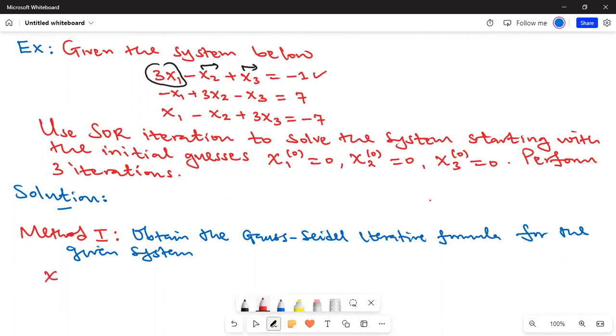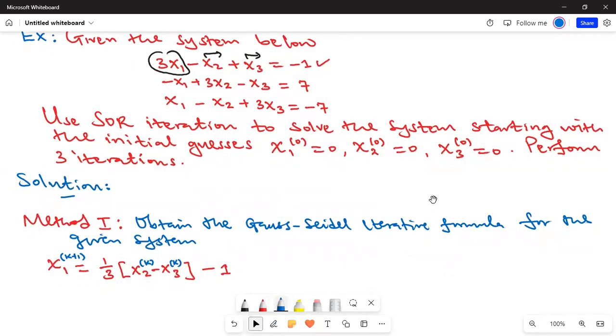So I'll have x1 is equal to 1 over 3 into x2 minus x3, then minus 1. So x1 will be at level k plus 1. x2 and x3 are evaluated at level k.